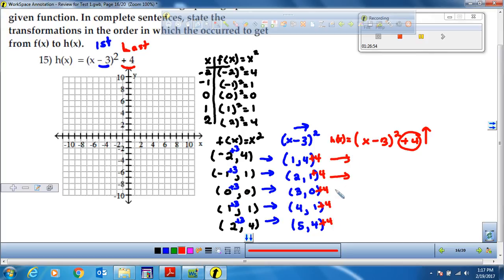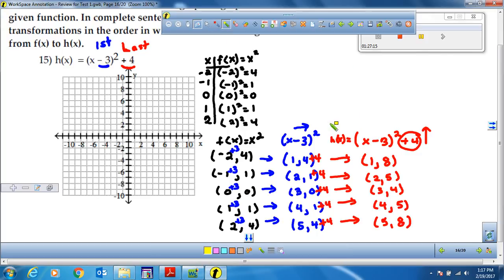And that gives us the following points: (1, 8), (2, 5), (3, 4), (4, 5), and (5, 8). And basically that is the function h of x. So that completes this question.